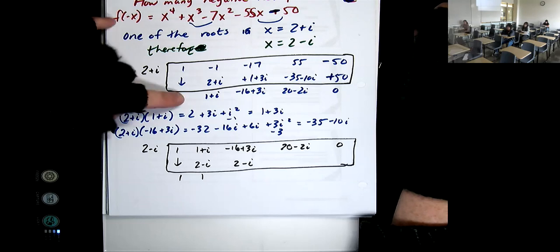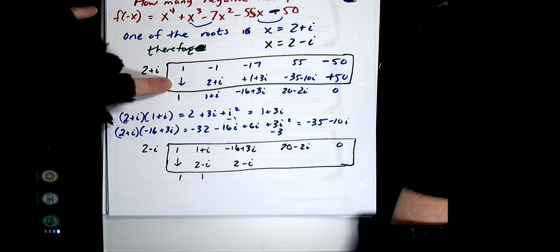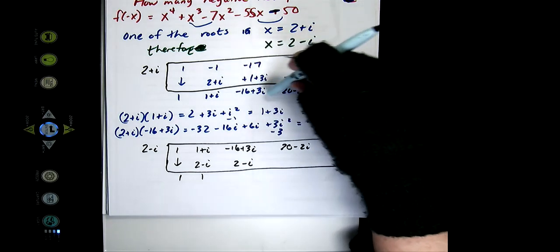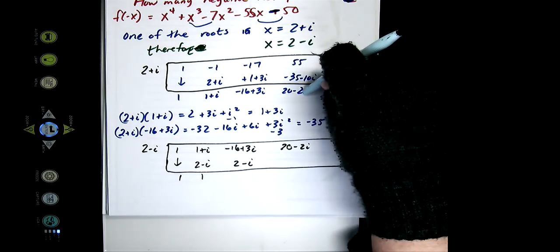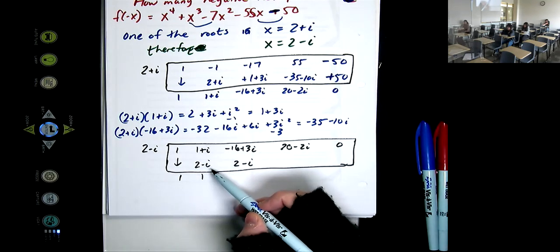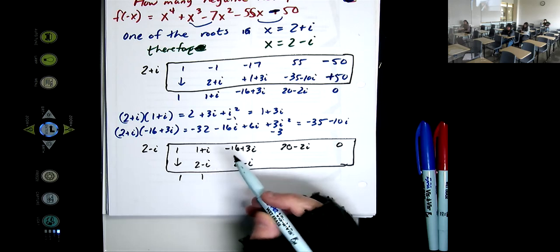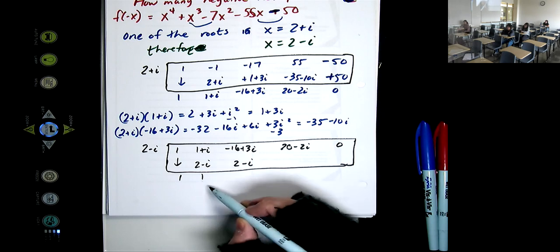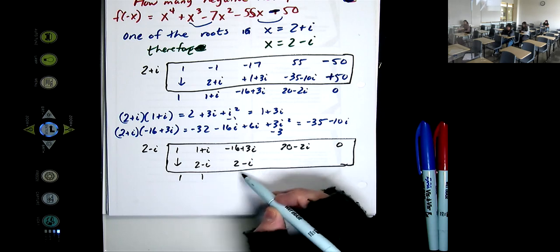Did you get all those values? Anybody else? Yeah, it all looks correct. Okay. Another one. Add those up. You get 1, and then I multiply that by 2 minus i.